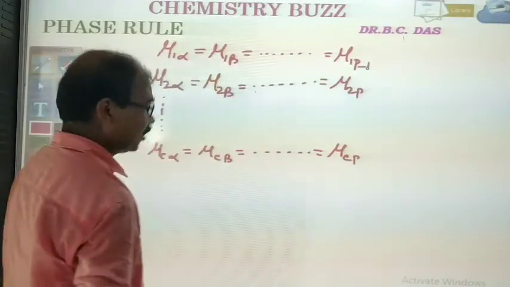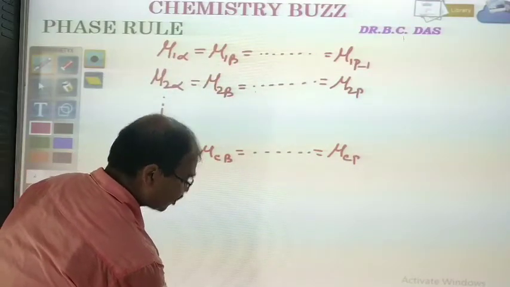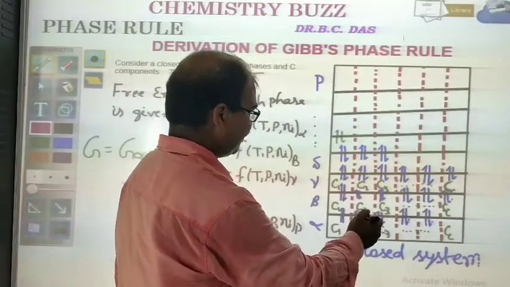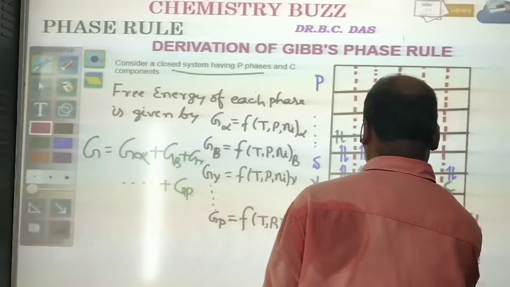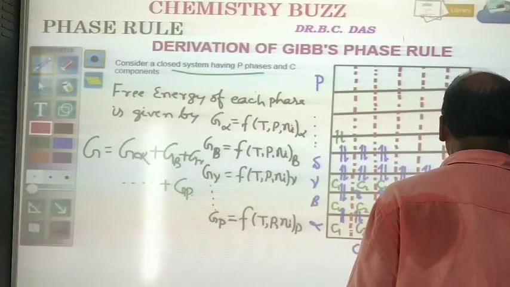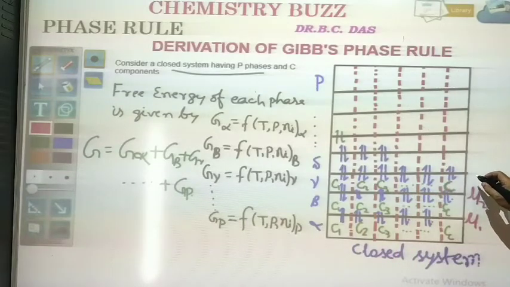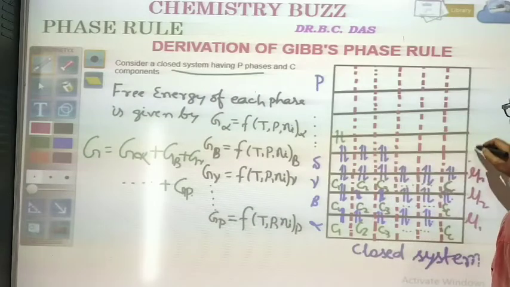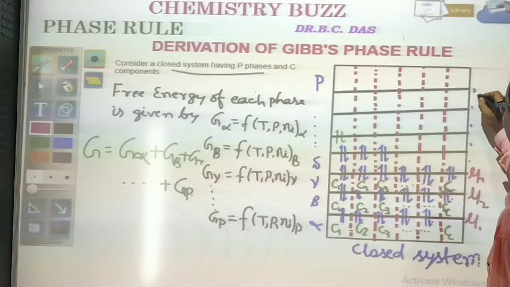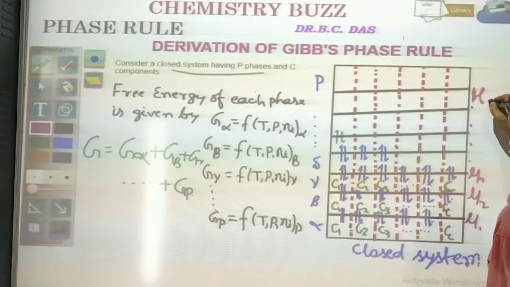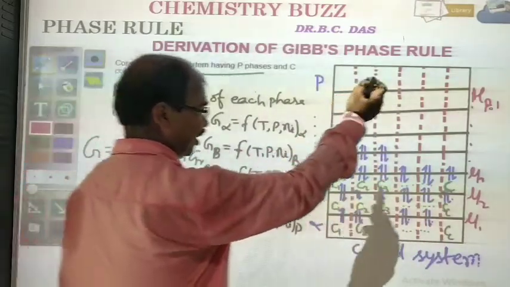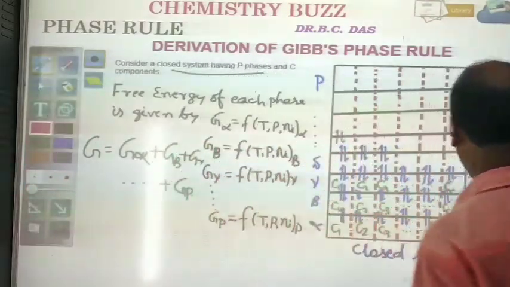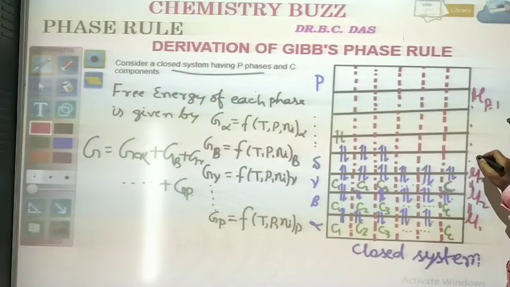Because we have considered this in the diagram we have seen. This is mu1 for alpha and beta phase, this is mu2 for beta and gamma phase, and this is mu3 for gamma and delta phase. Similarly, when we reach here, this will be mu P minus 1. As the system is in equilibrium, this is equal to this is equal to this.